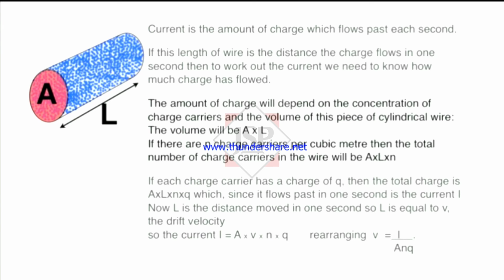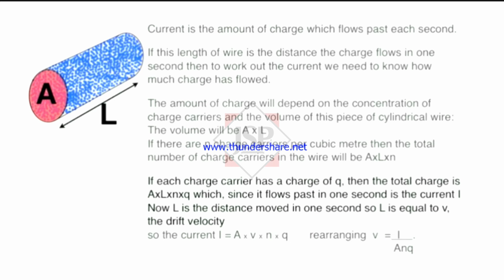The volume is the cross-sectional area times the length, and the total number of charge carriers will be cross-sectional area times length times n, where n is the number of charge carriers per cubic meter. If the charge of each carrier is q, the total charge will then be ALnq. This charge flows past in 1 second, and therefore must be the current I. We defined L as the average distance moved each second.